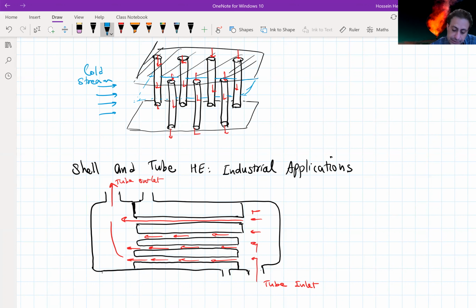And there is the shell, in which these tubes are inserted.